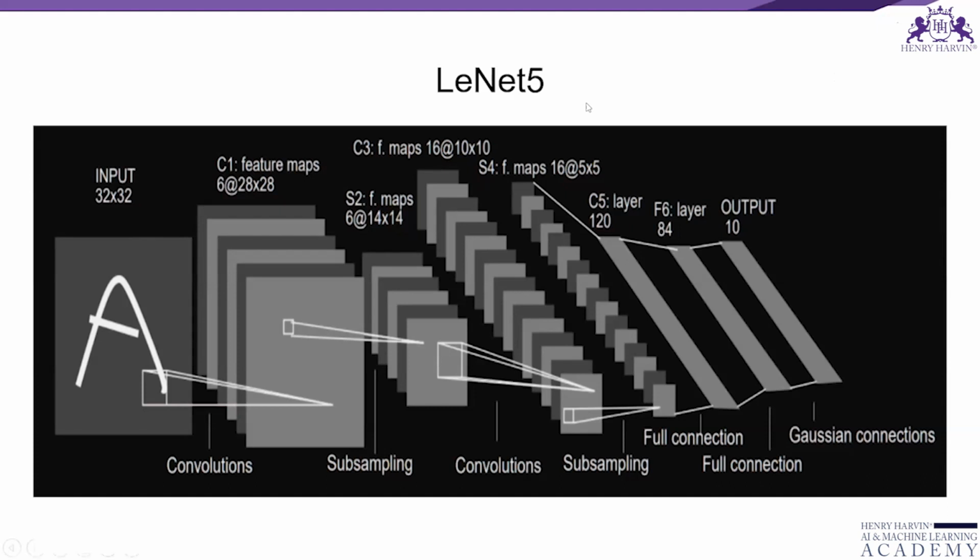Okay, so let me redraw this diagram so that we can be comfortable with it. Let me take the whiteboard now. There is an input image. Now the input image goes to convolution, 5 cross 5, and it has 6 filters.